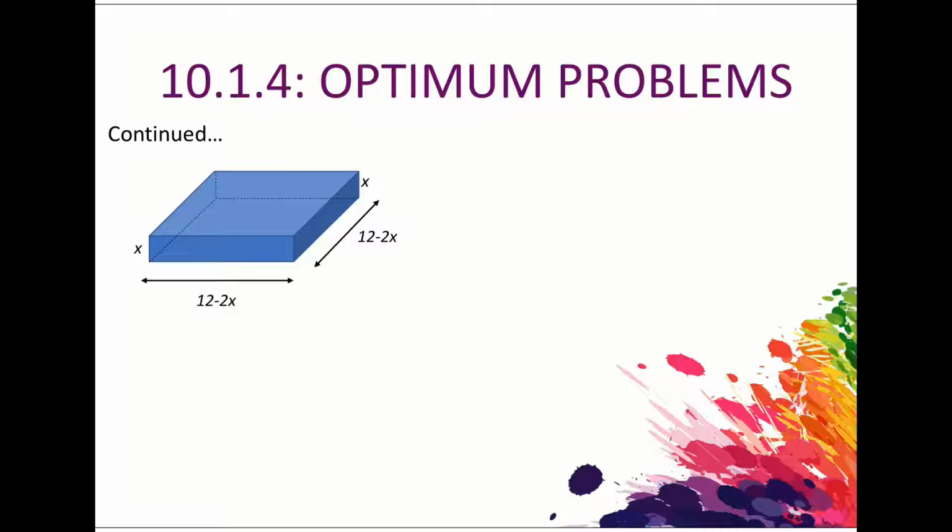So because we want to find the maximum volume, we need to construct the equation for volume, which is V equals (12 minus 2x) times (12 minus 2x) times x.